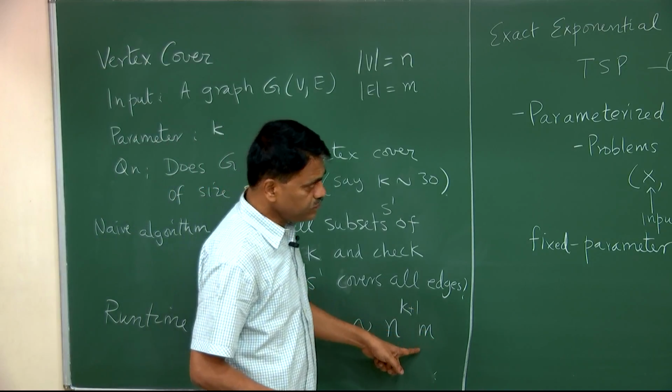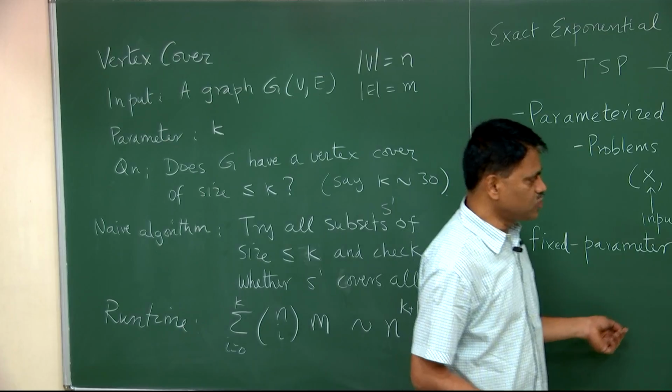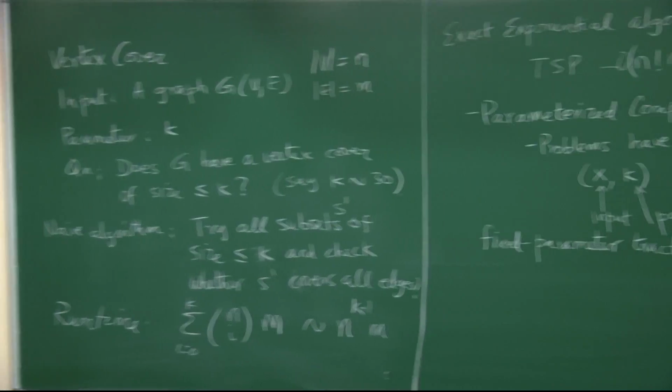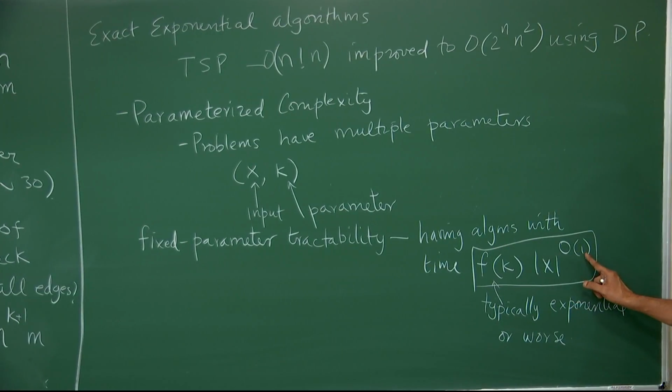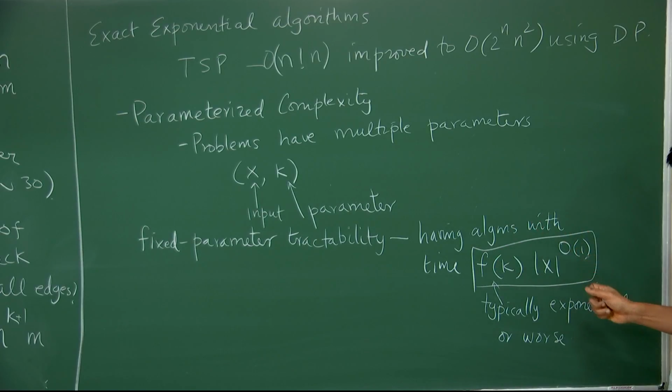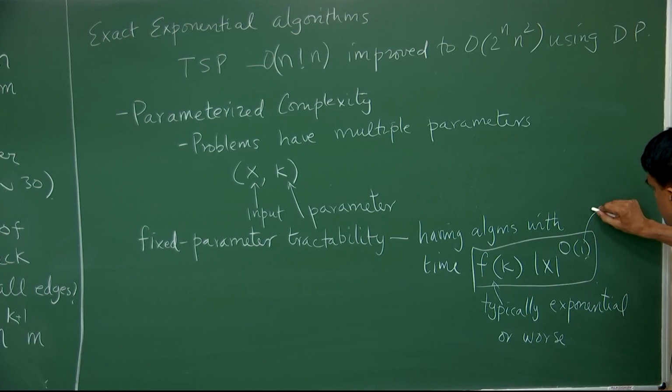On the other hand, the running time we want is not of this type, because here the exponent on the input size is independent of k. That's when I say the algorithm is fixed parameter tractable, if the problem is fixed parameter tractable. So this is independent of k.